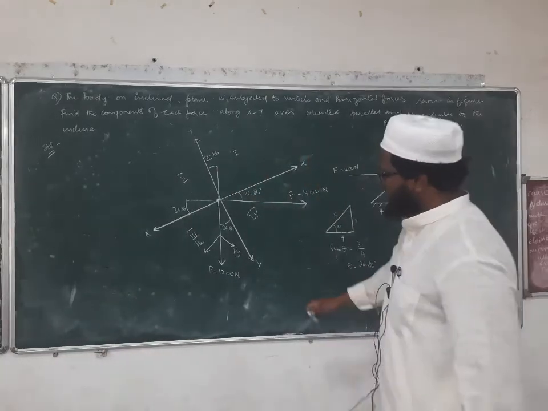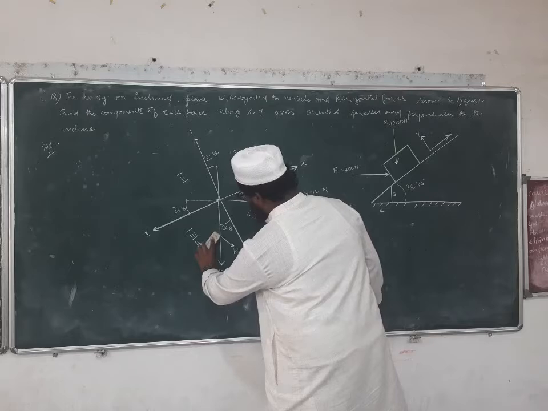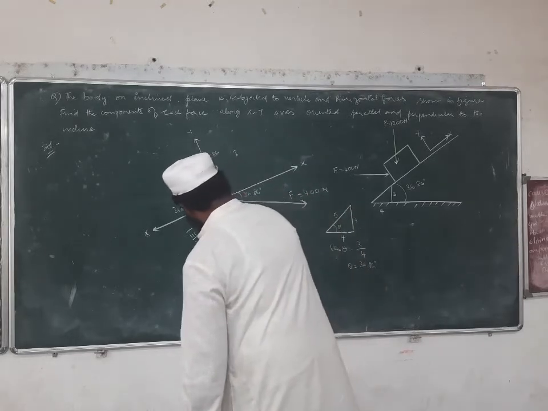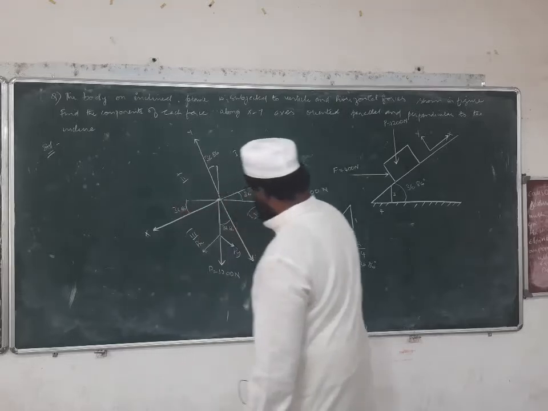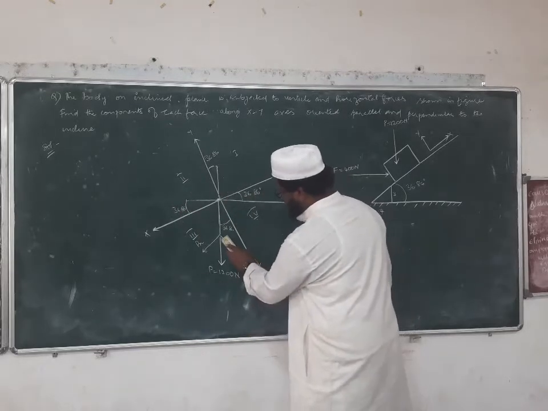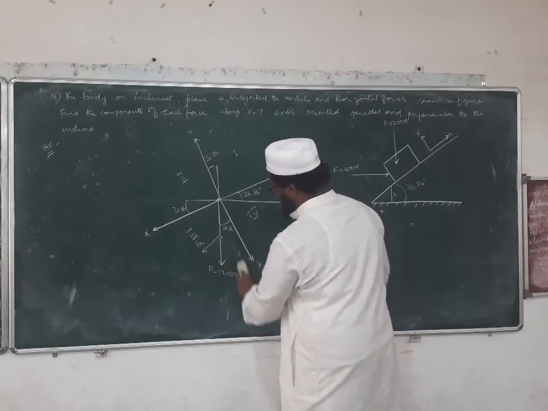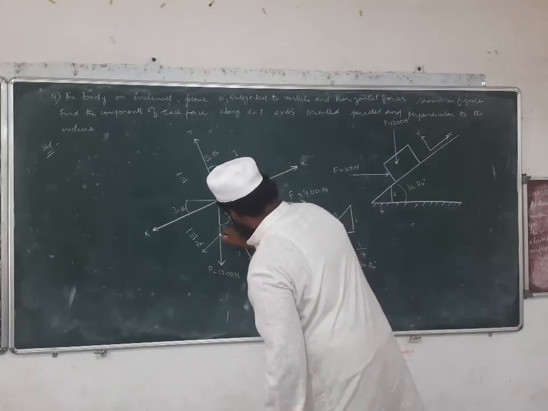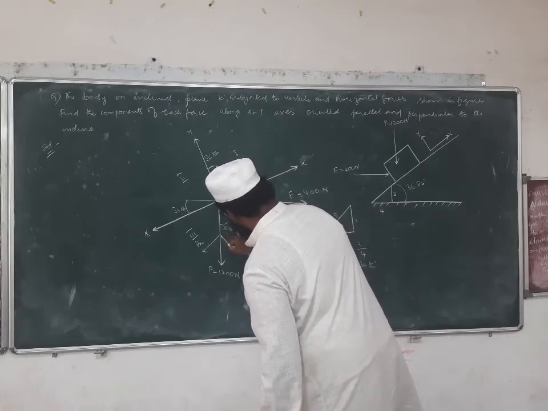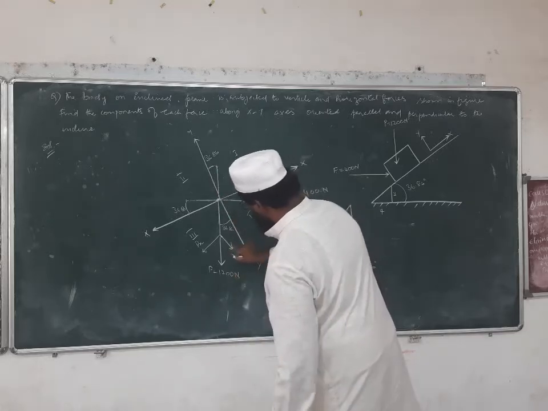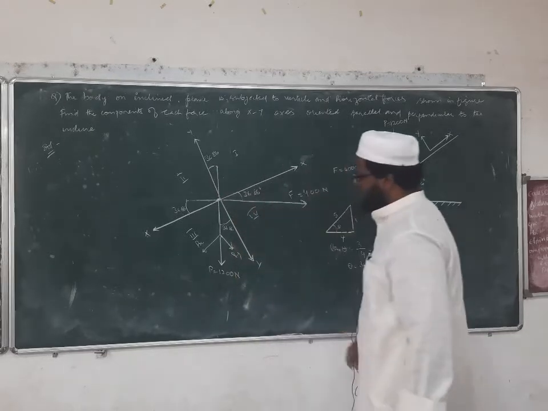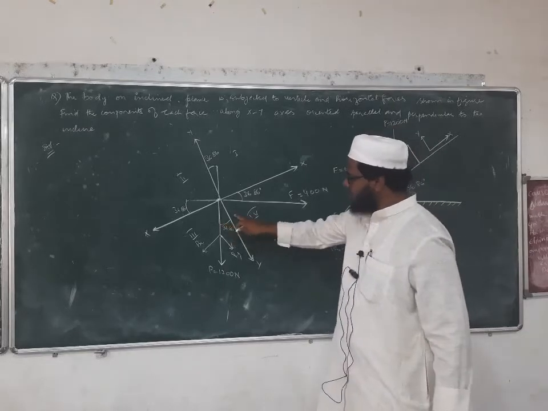See here, I have drawn exactly parallel to this line. This is Px, and this one should go in this form. This is Py. Okay, and the angle is with the y axis.